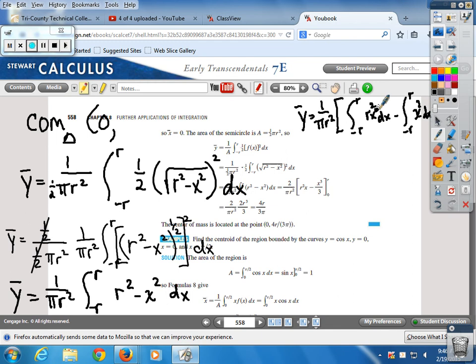So that's going to come out to be r squared x right here, right? But look, we're leaving something out. What's the problem there? The dx. There's an r there. What do we got to do?